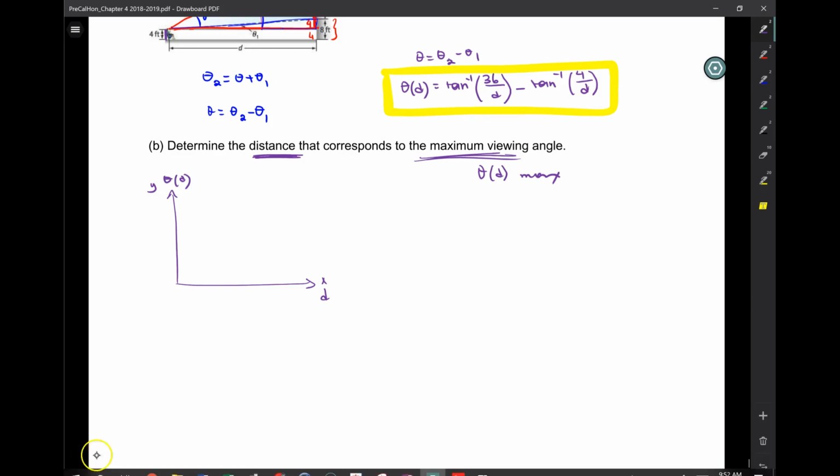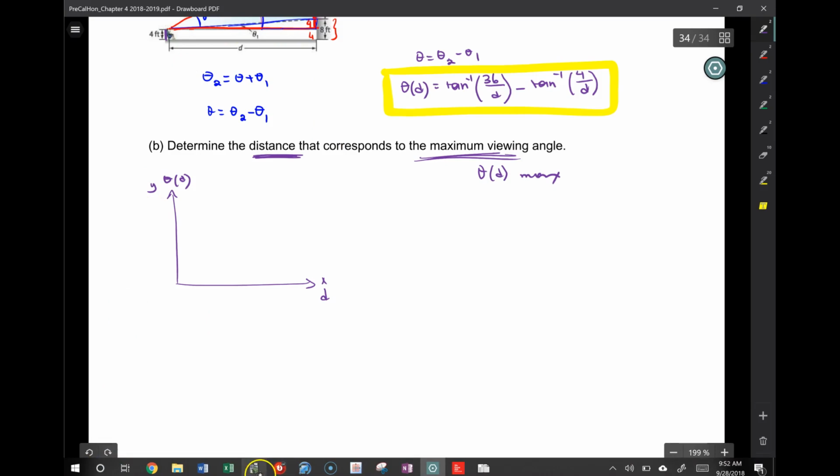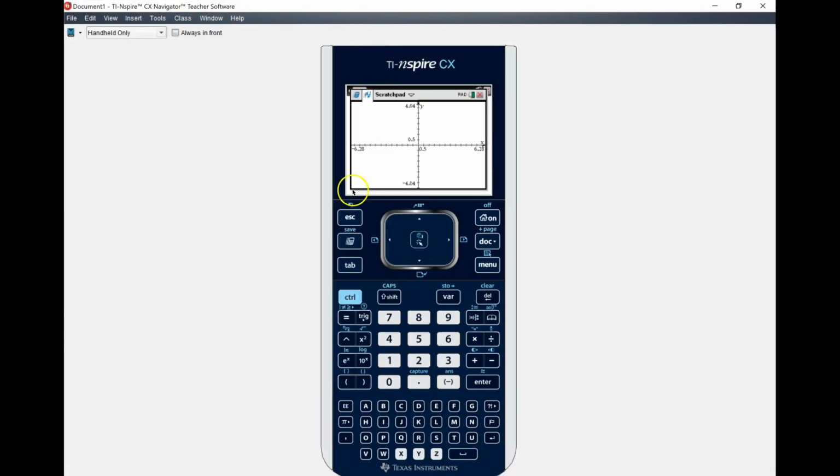So if we graph this, if we clear that, and we graph inverse tangent of 36 over X minus inverse tangent of 4 over X. You guys are graphing this with me, right?